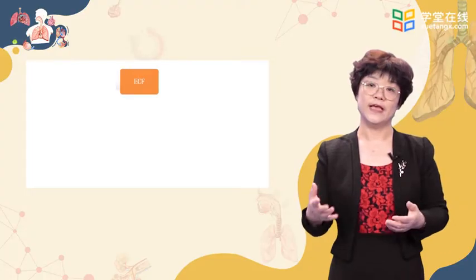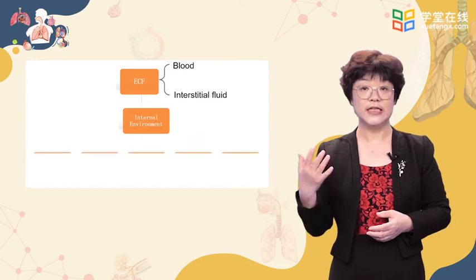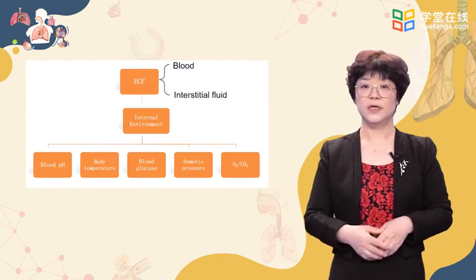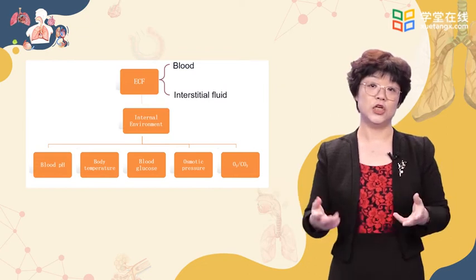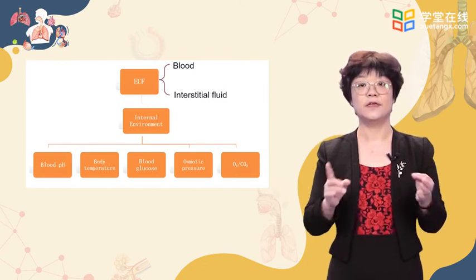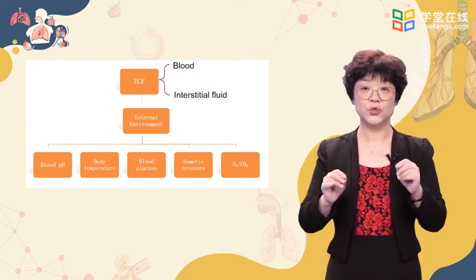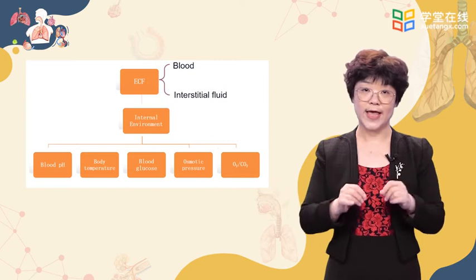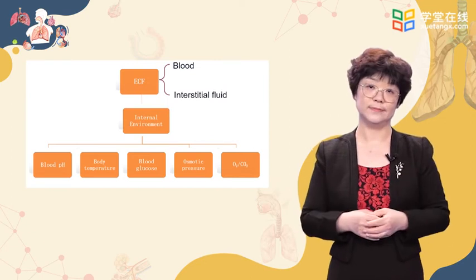So, the extracellular fluid is the internal environment of body cells. The extracellular fluid includes the blood and other fluids present in between the cells. And this portion of fluid is known as interstitial fluid.